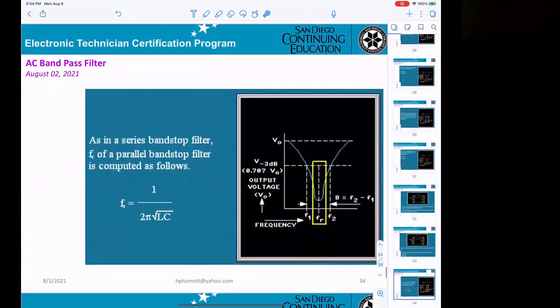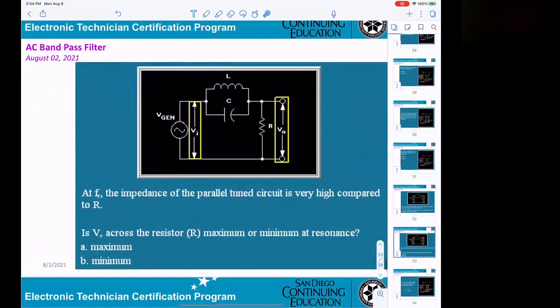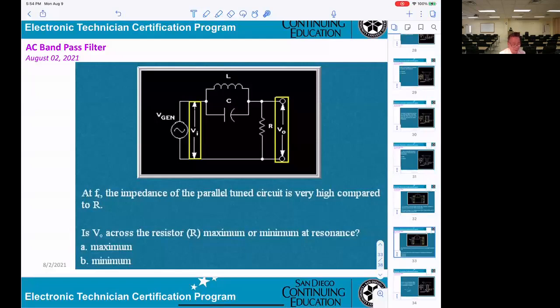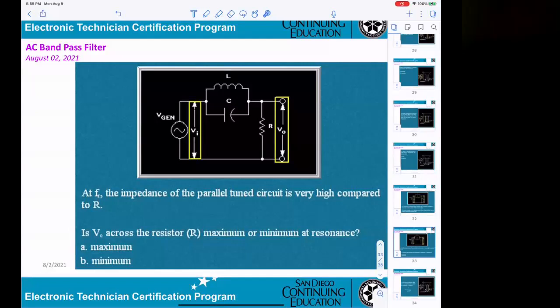And Mr. Pham, yes, sir. Real quick, go back to that one. Right here. Even though it's like a tank circuit, the XC of the capacitor and the inductor will cancel themselves out because of resonance, correct? And then you will be left with the resistor only, and it'll be the drop across there as it shows in VO, depending on the amount of the resistor, but it's small in this case.